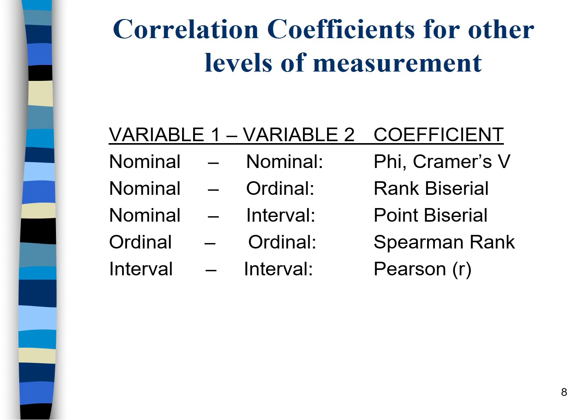If one of your variables is at the nominal level of measurement and the second variable is at the ordinal level, you might consider using the rank biserial coefficient. If one of them is at the nominal level and the second is at the interval level, you might consider using the point biserial coefficient.